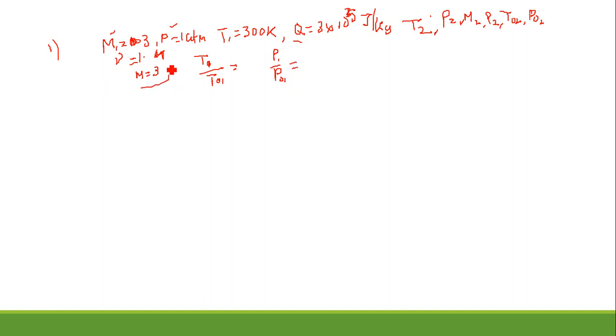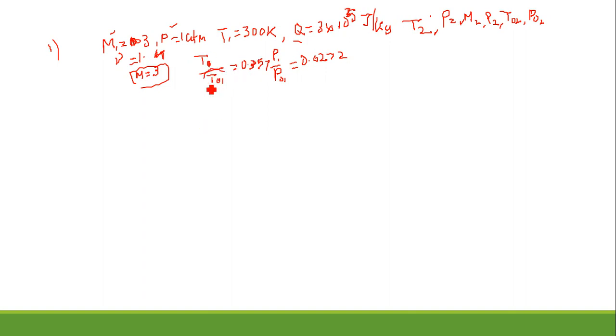The values for this Mach number: T1 by T naught 1 is 0.357, and P1 by P naught 1 is 0.0272.